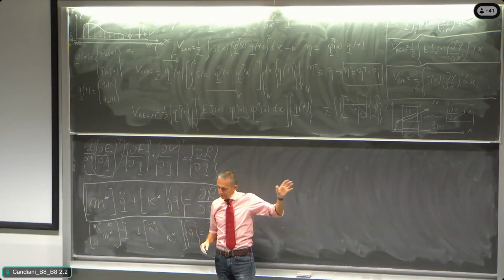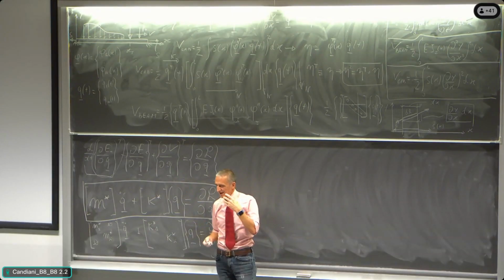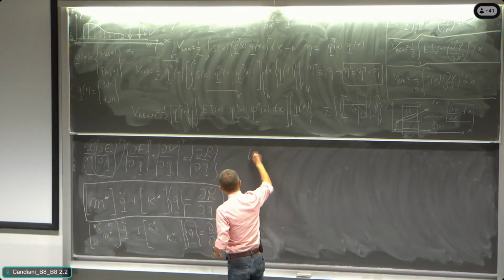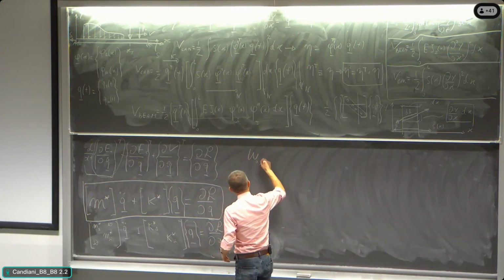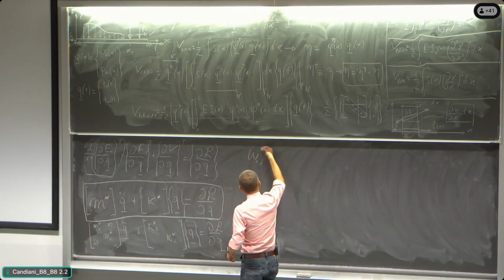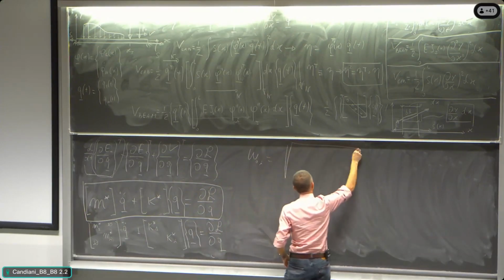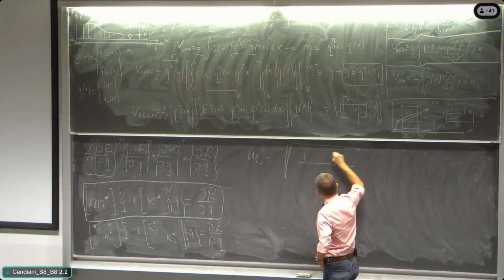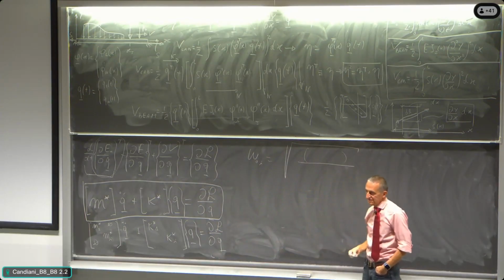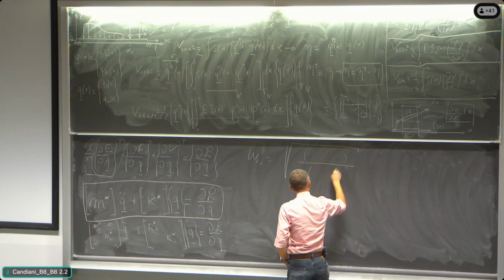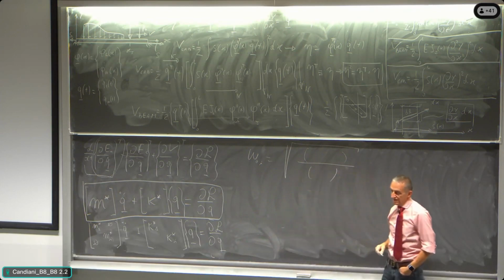Earlier, when we were playing with the tension of the cable, we had that the natural frequency omega 0i squared was a fraction, and over here there was an object that is a stiffness, and down here there was another object that is what? A mass.